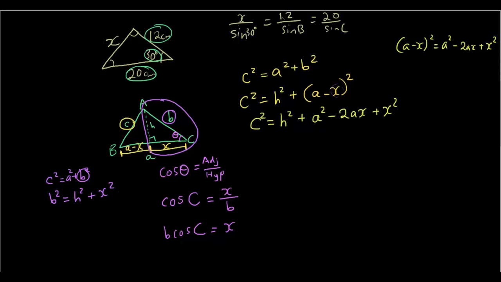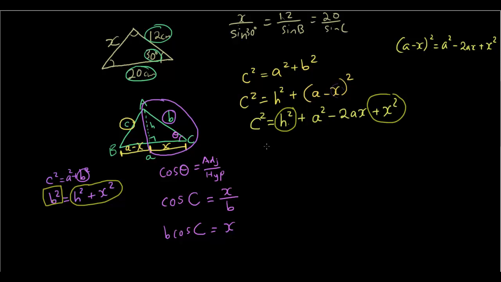So now what we can do is substitute h squared plus x squared, which also exists in this equation here, as b squared. So I'm going to put this in place of these two variables.